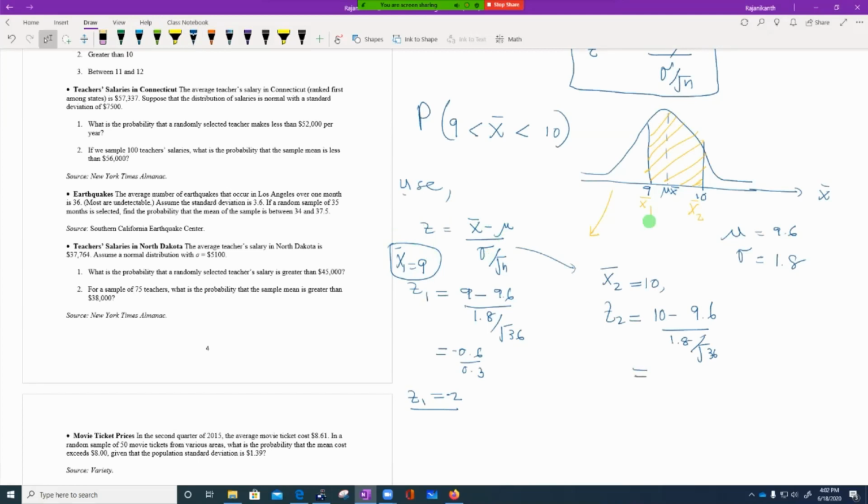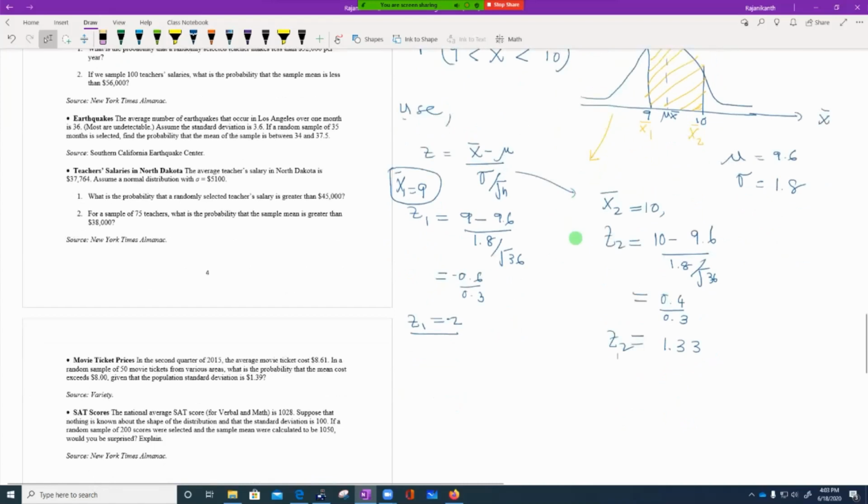So this will give you 10 minus 9.6 is 0.4 over 0.3. So that is 1.33, right? That is my z2. Basically, I am converting my X bar into the standard normal z.